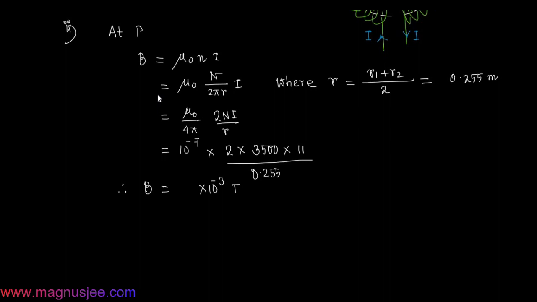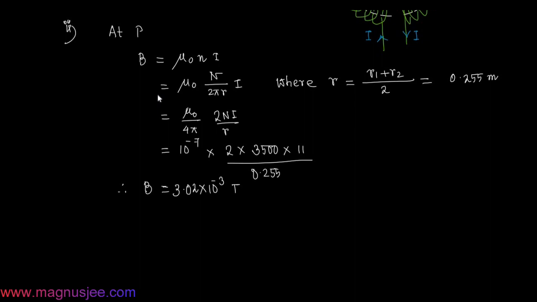B will be equal to 3.02 into 10 to the power minus 2 Tesla.